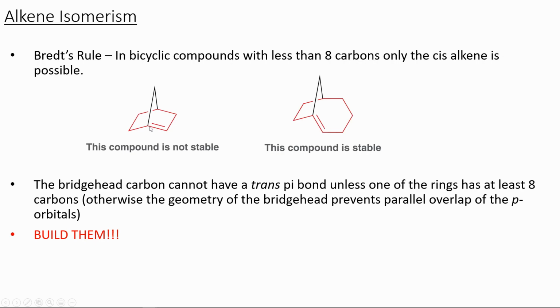If we take a look at these bicyclic structures, if we were to try to put a double bond attached to this bridgehead position, this would be a trans alkene, and it's not stable. Geometrically, this can't really exist. Here we have a 9 carbon ring, and that is large enough to be able to facilitate the trans alkene. So the bridgehead carbon cannot have a trans pi bond unless there's at least 8 carbons in the ring.